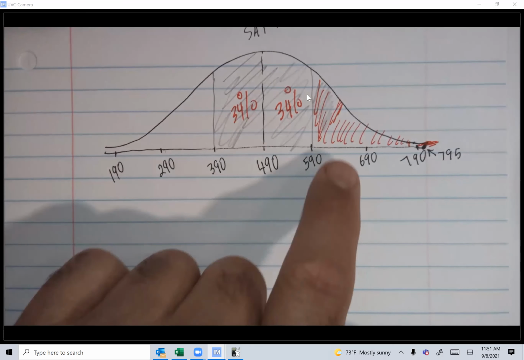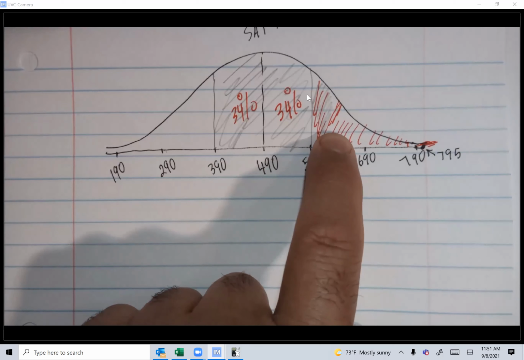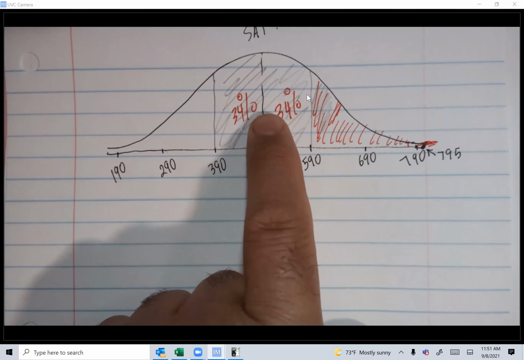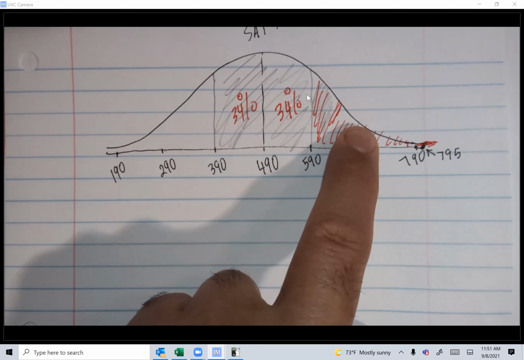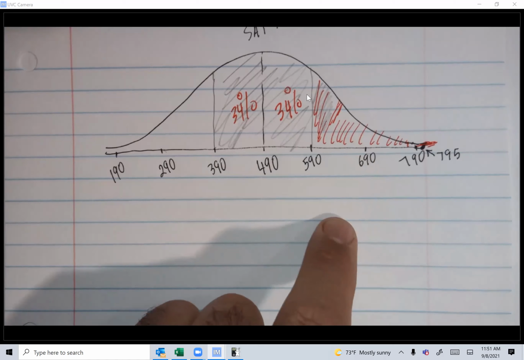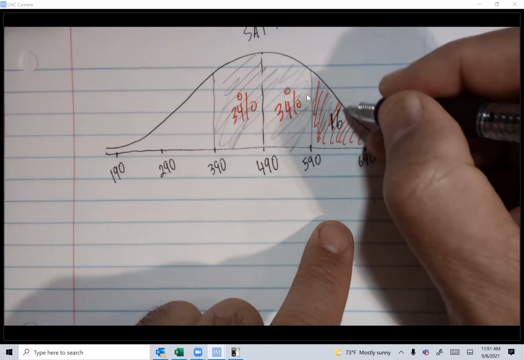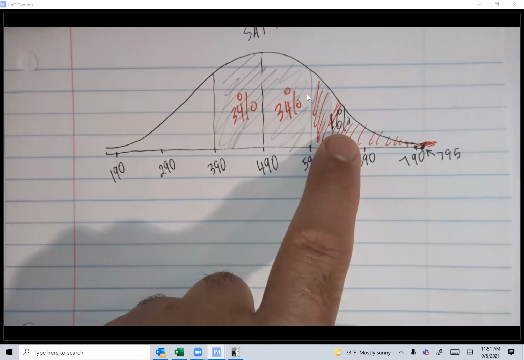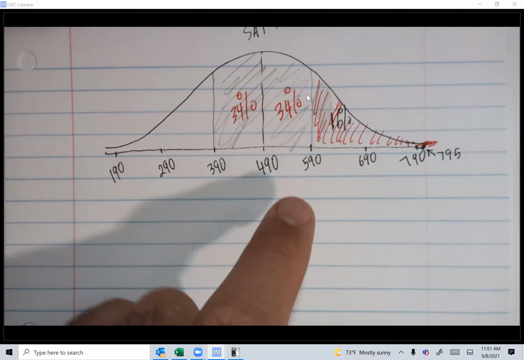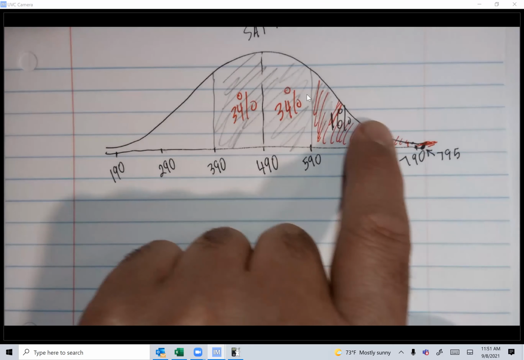So what is the area here, guys? You should know that by heart now. If this is 34%, how much is left for this area? 16%. Because 34 plus 16, guys, is 50%. So these are the top 16%, guys.